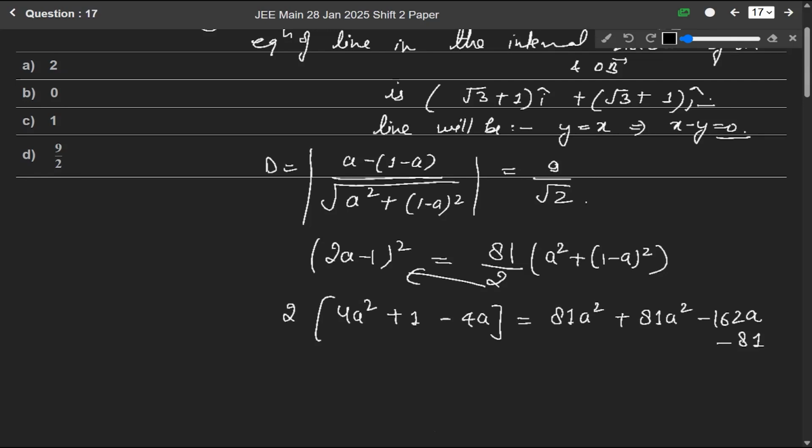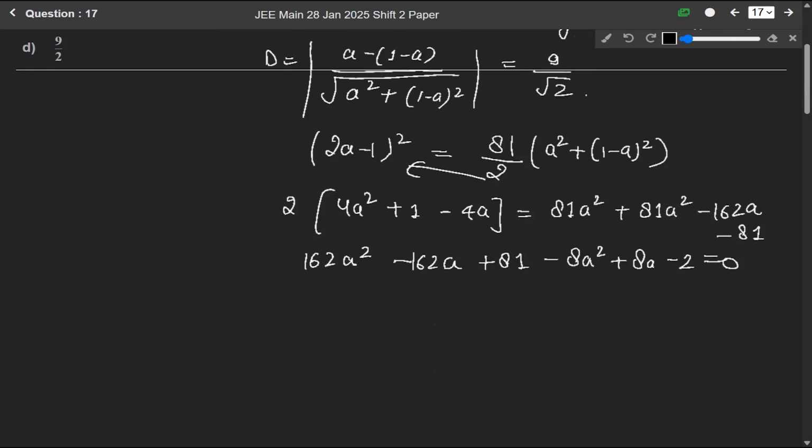So solving it we get 162A square minus 162A plus 81 minus 8A square plus 8A minus 2 equals 0. So again solving it we get 154A square minus 154A plus 79 equals 0.